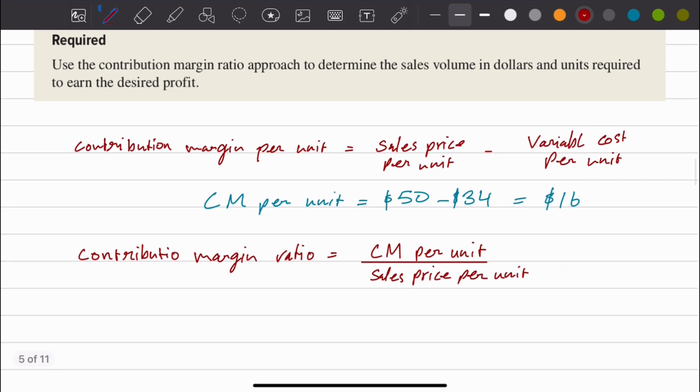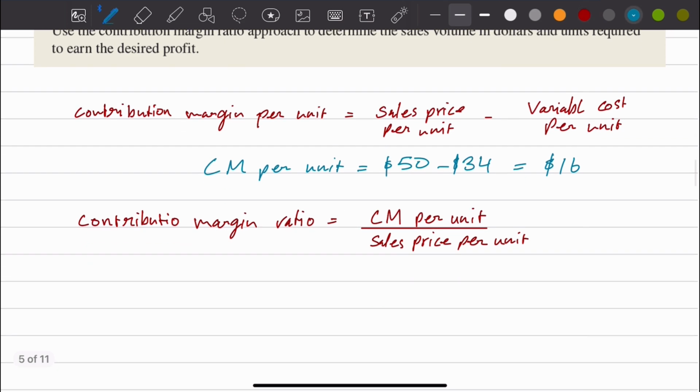Okay. That means our contribution margin ratio is going to equal $16 divided by $50. Go to our calculator. 16 divided by 50. That would be 0.32, which is equal to 32%. Okay.